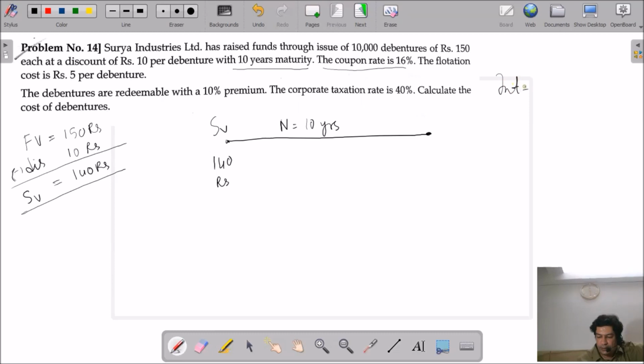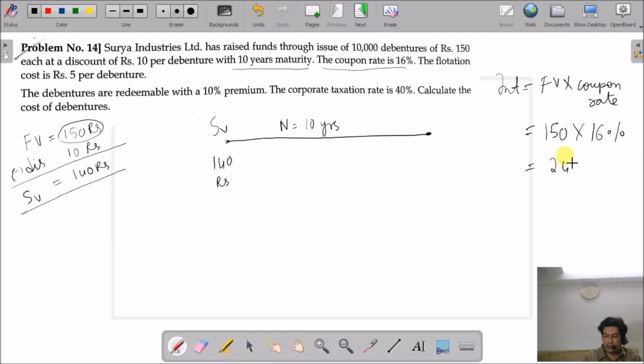So we can find the interest. It is face value into the coupon rate. The face value is 150 rupees, and the coupon rate they have given is 16%. So 150 into 16% gives 24 rupees, which is my interest per annum.